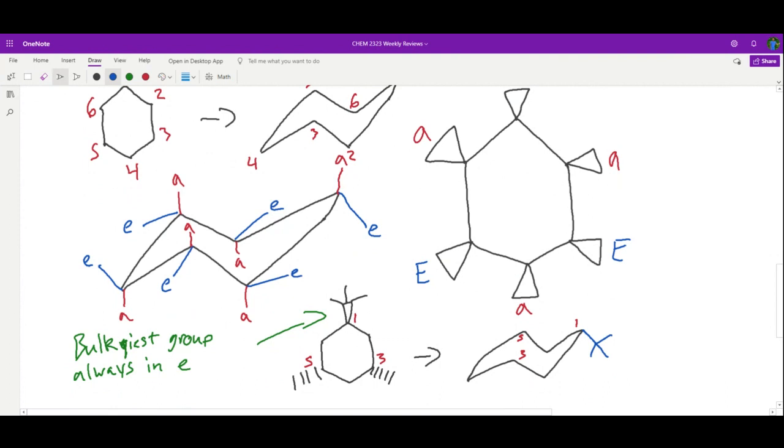In that scenario, instead of doing equatorial, I'm going to do axial for these positions. And notice how that isn't very stable because we have these methyl groups facing the same direction. Anytime that clashes, it's called steric hindrance. This is terminology you will use a lot in this unit as well as the second unit.